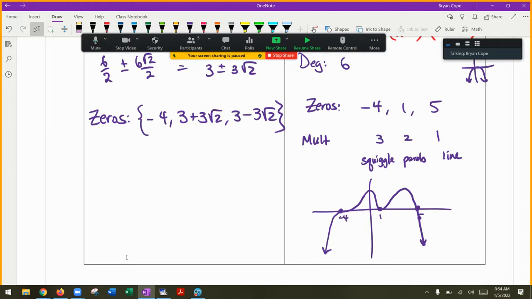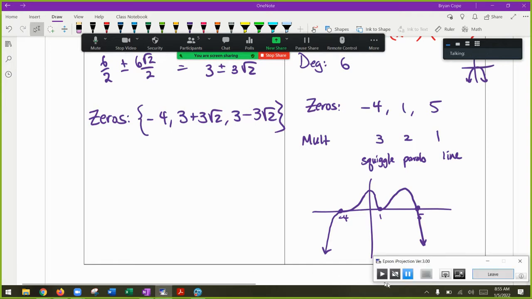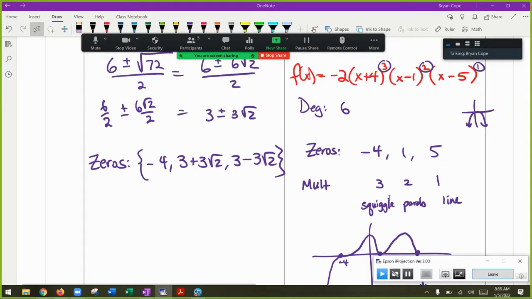It is down, you're right. It opens down. There is going to be a squiggle somewhere. There's a squiggle at -4. -2 is the leading coefficient, yeah. So here's my work.